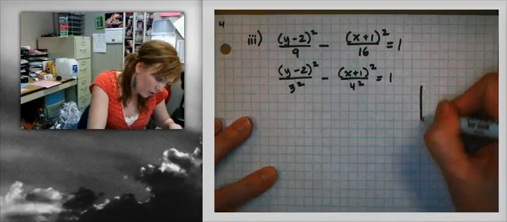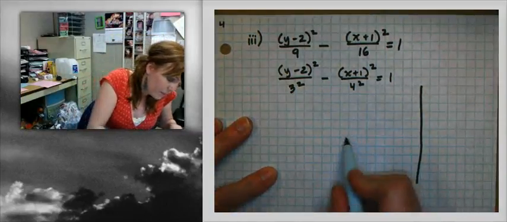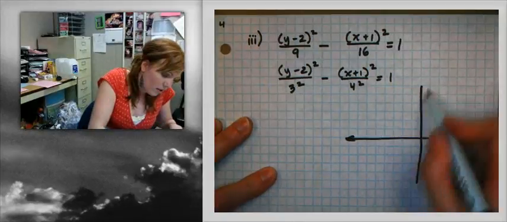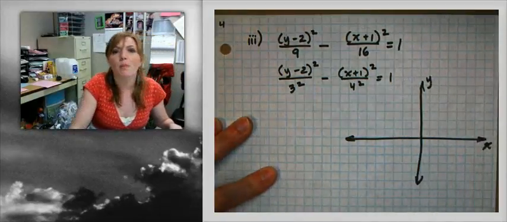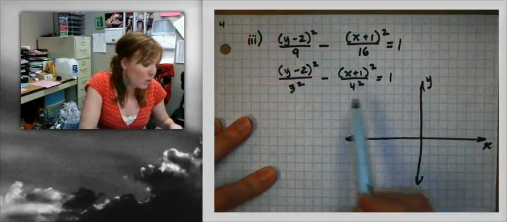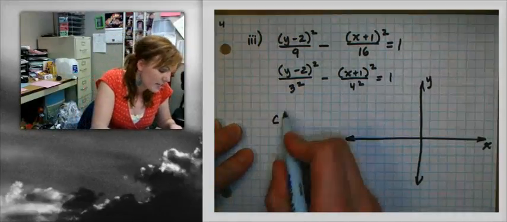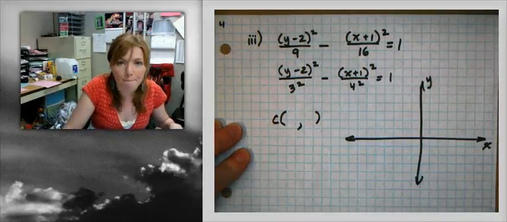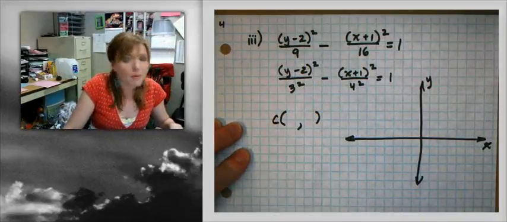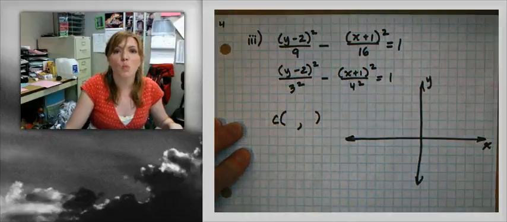So let's draw our graph over here. And here's something that you really want to make sure you're paying attention to. We know that the center of this is not at (0, 0) because there are things being added to and subtracted from x and y, but really make sure you're paying attention to what is where.